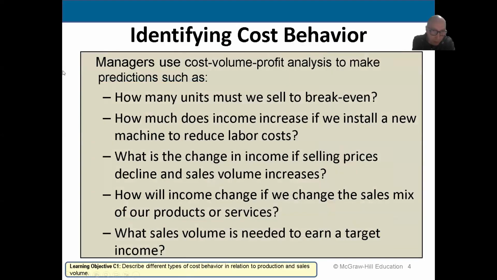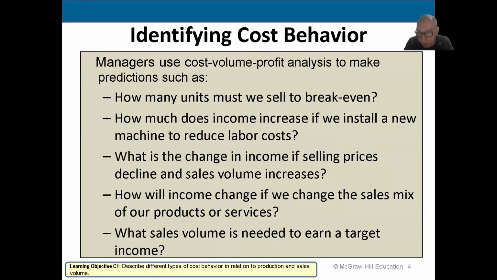So let's talk about cost behaviors. We need to know how many units do we need to sell to break even? Do I need to sell 10, 20, 100, couple hundred?